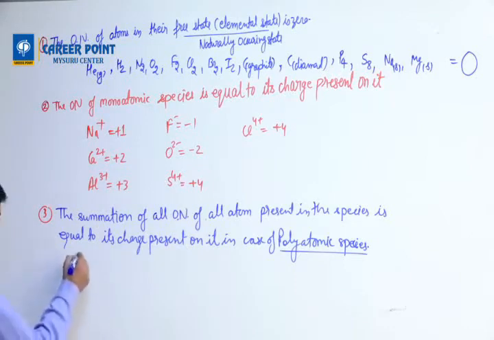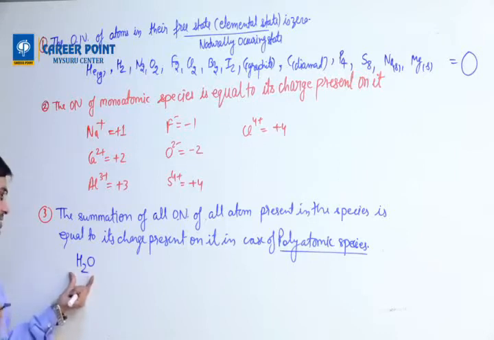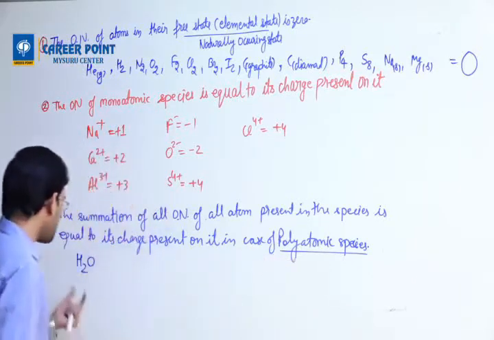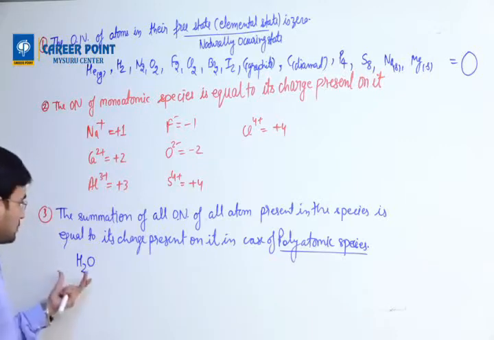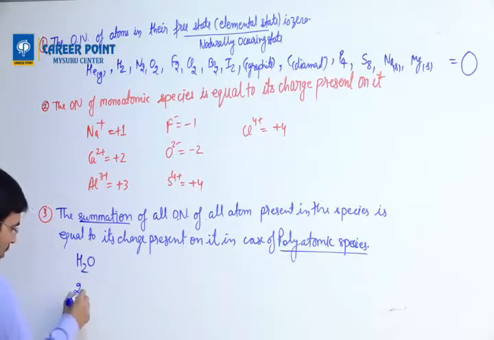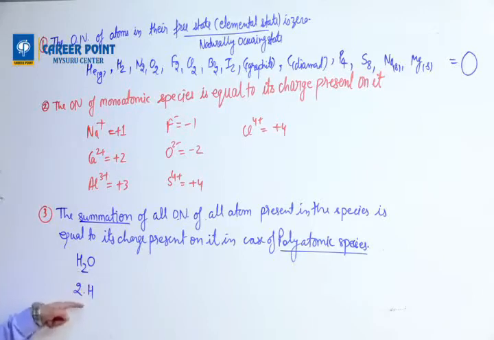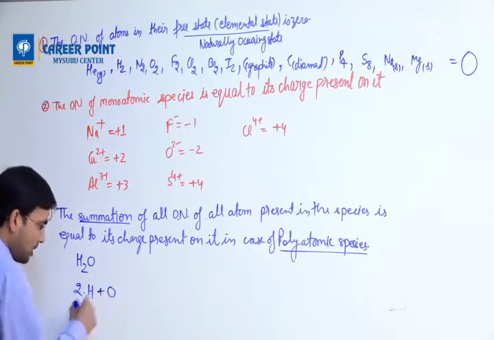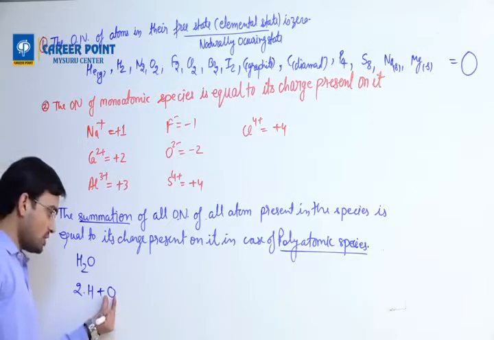Such as, for example, H2O. Is it monoatomic or polyatomic? Then you will tell it is polyatomic because there are more than one atom. Polyatomic means it has more than one atom. So in the case of water, how do I find the oxidation number? Summation means addition or total. Then I'll say 2 times the oxidation number of hydrogen atom, there are 2 hydrogen atoms, plus the oxidation number of oxygen.